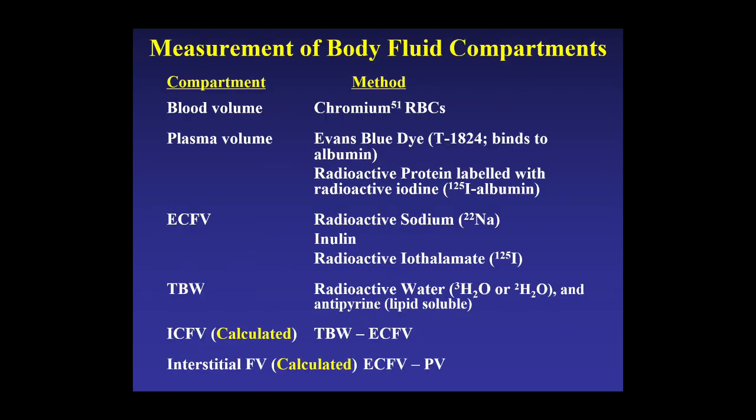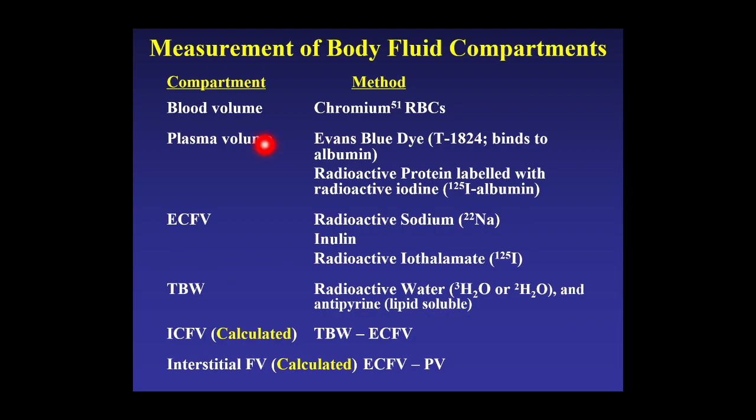Now, what are some of the indicators? Remember, the extracellular fluid compartment is made up of plasma and interstitial fluid. The intracellular fluid compartment is all the fluid that we have inside the cells. I can measure blood volume by chromium.